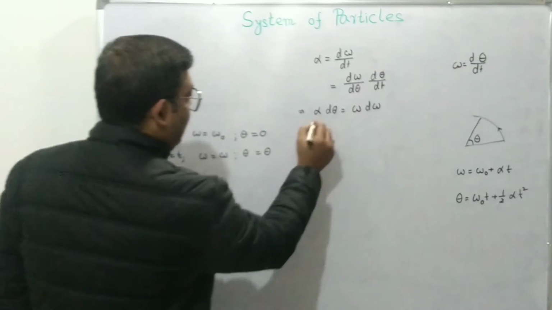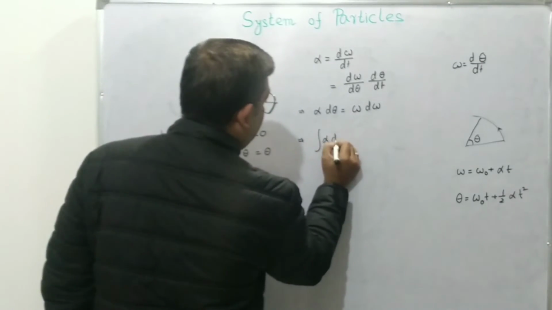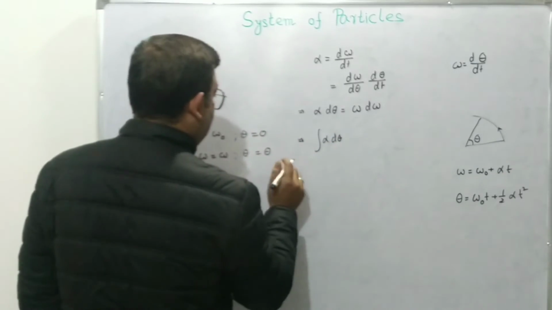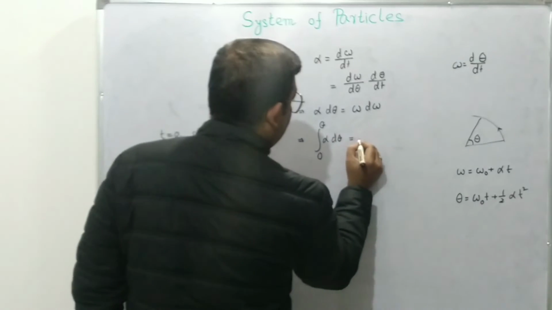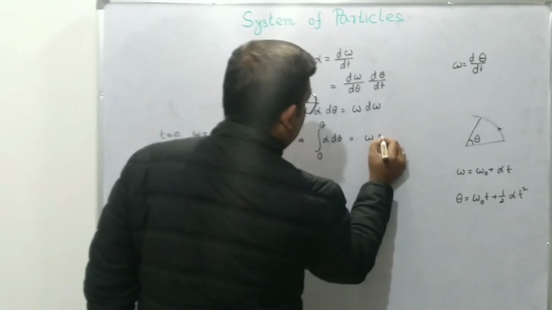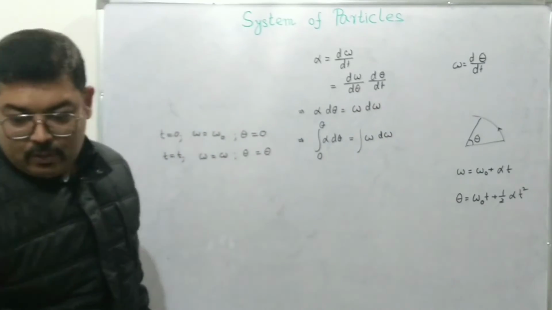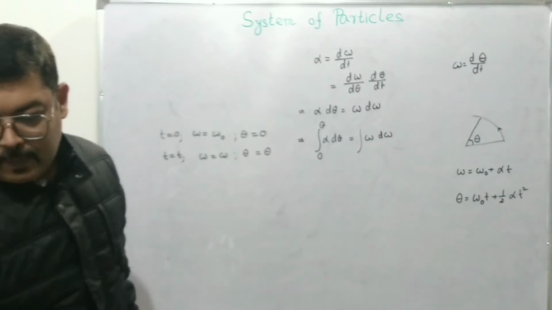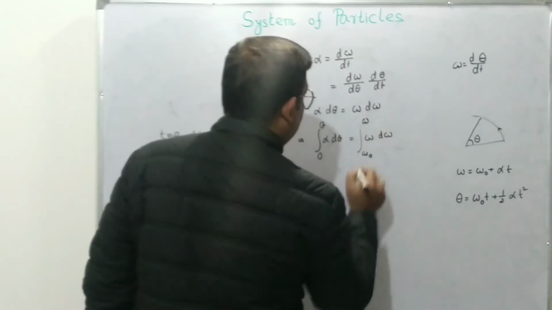So from this equation, what we can do is integrate. Alpha is a constant, right? Integral of alpha d theta, with theta from 0 to theta, equals integral of omega d omega, and this has to be from omega naught to omega.